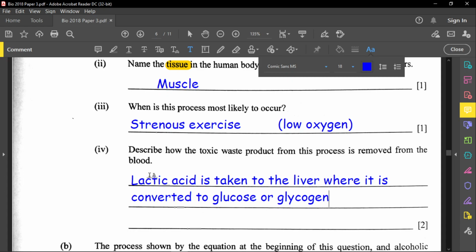All right, and what assists this process, as I just mentioned, is increased breathing and heartbeat, okay?